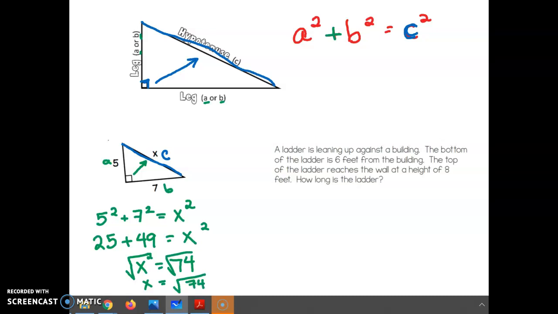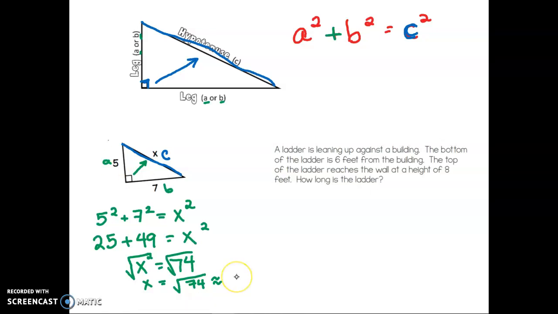Now, I know during the year we might have simplified these radicals, but we're going to leave it as square root of 74 for this video. Or if you really want to, you can write out the decimal approximation, which would be 8.6.